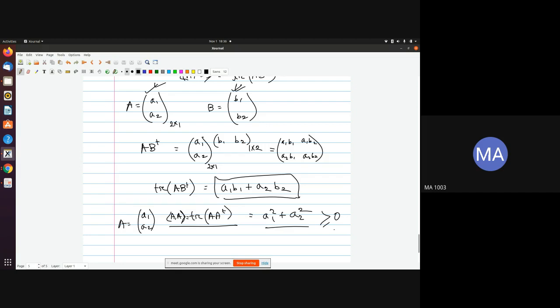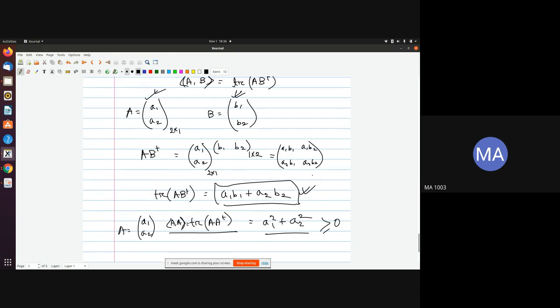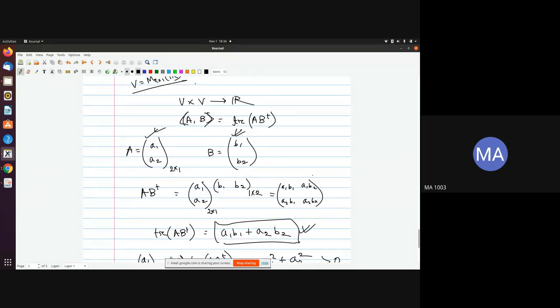So the first property is satisfied. The other three will also be satisfied. I am not checking them due to time, but I request you to check them, because this is just the dot product you have seen, and I have checked that the dot product is an inner product. Is it clear to everyone that this is an inner product?